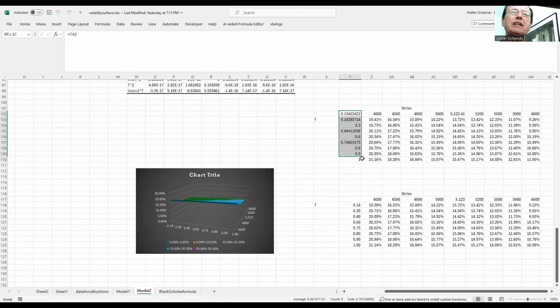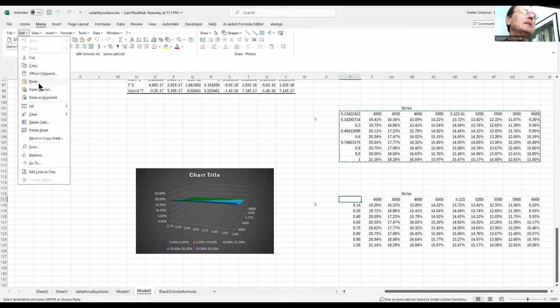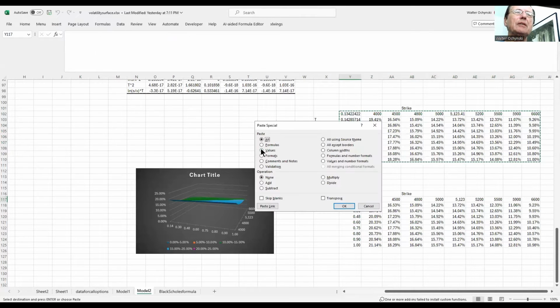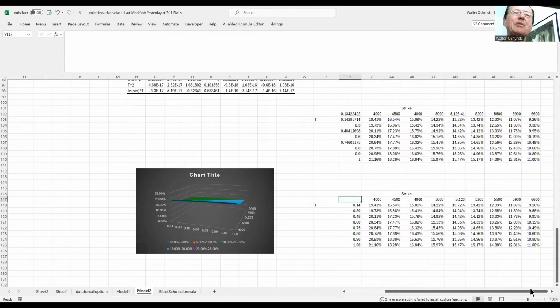What I realized is, if I copy this to fixed values, Control-C, Paste Special, just values. Okay, I created this here with values, and when I remove the first cell here, now I can create my volatility surface easily.